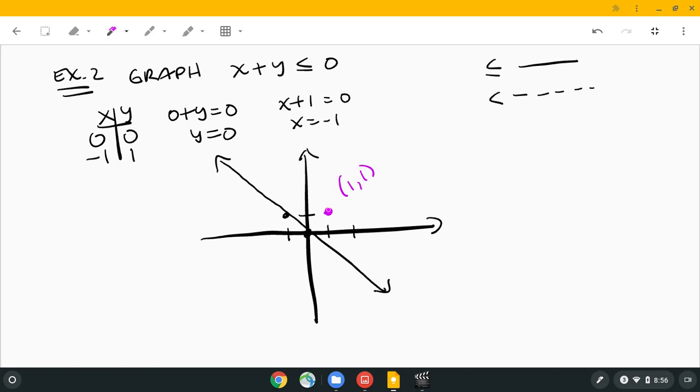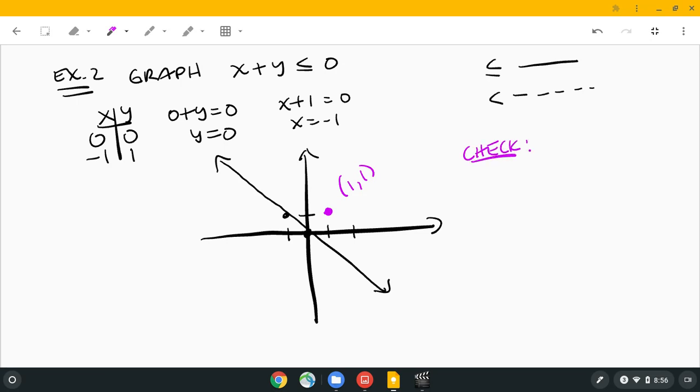Clearly the point I'm choosing is on this side of the line. If I plug it in and it works, then it works for everyone on this side. If I plug it in and it does not work, then it fails for everybody here and I shade the other side. Let's check.